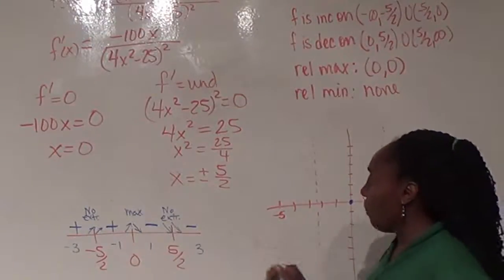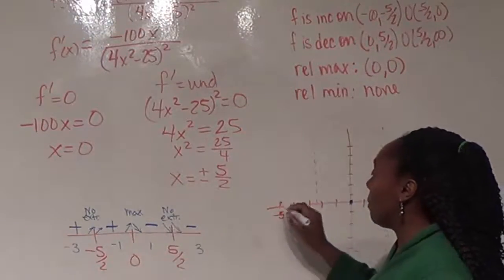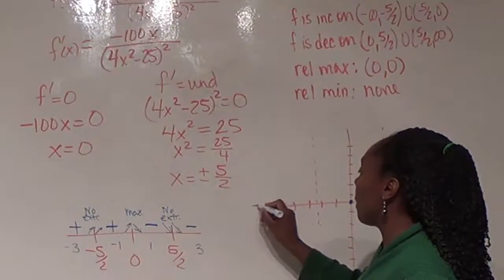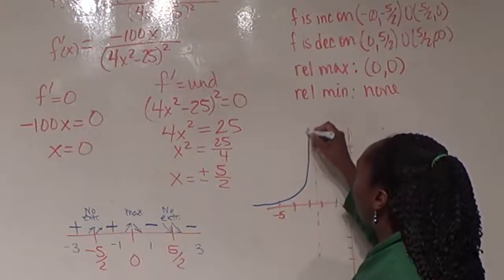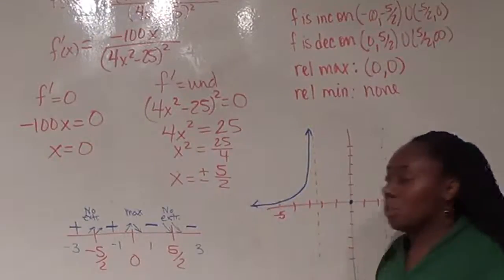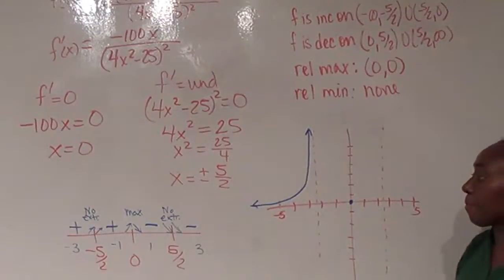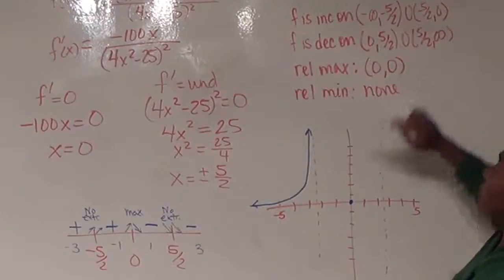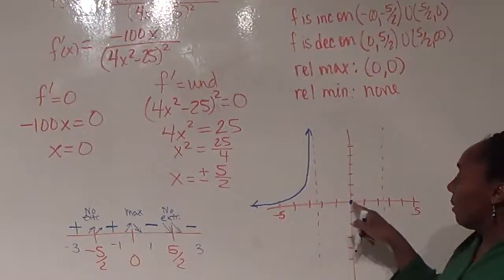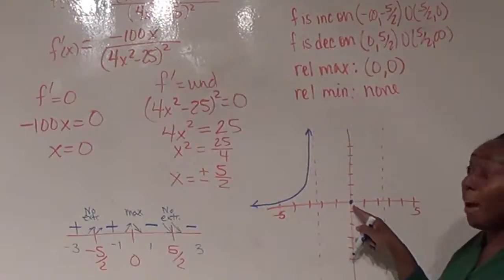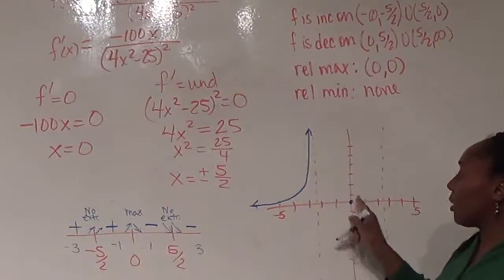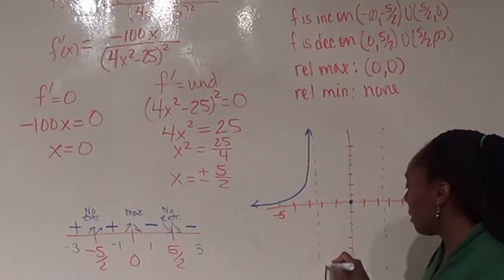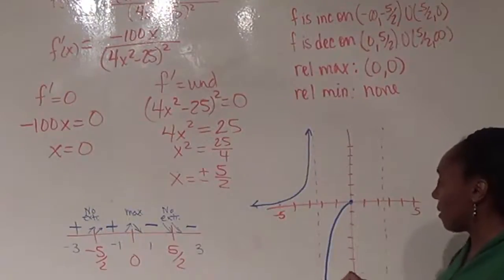So I know I can't be below and then come up to the top, which means it's got to increase from this direction. From there, negative 5 halves to 0 is still increasing. This one I need to hit my maximum, so I know it's got to increase to that point, which means I'm going to get something that looks like this.